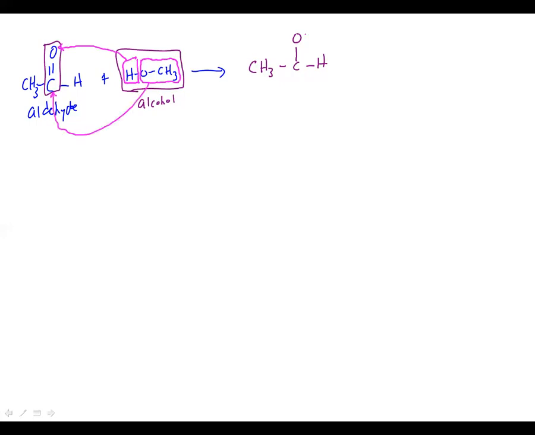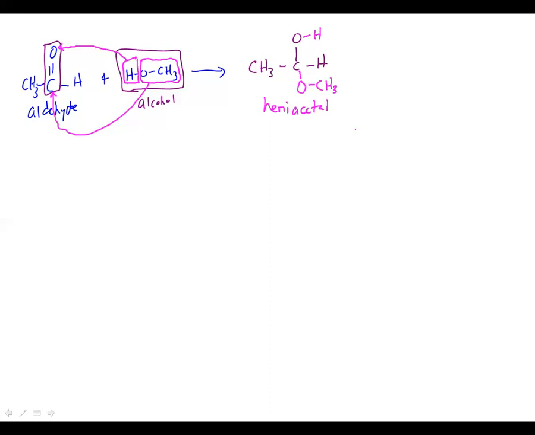What you will get over here is that H added up there, and this oxygen carbon group added. The parts in pink are the two parts of the alcohol. You can think of the H as H plus coming in and the OCH3 as OCH3 minus coming into the carbon. And this compound that's formed here is a special compound, what is known as a hemiacetal.